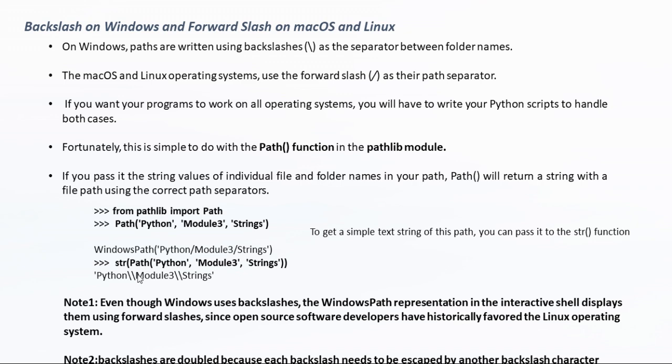To avoid that, two backslashes are automatically generated by the str function. And remember this: though Windows uses backslashes and Linux uses /, and the Path function is generating a /, the Path function will ensure that this works for Windows, Mac OS, or any kind of operating system.